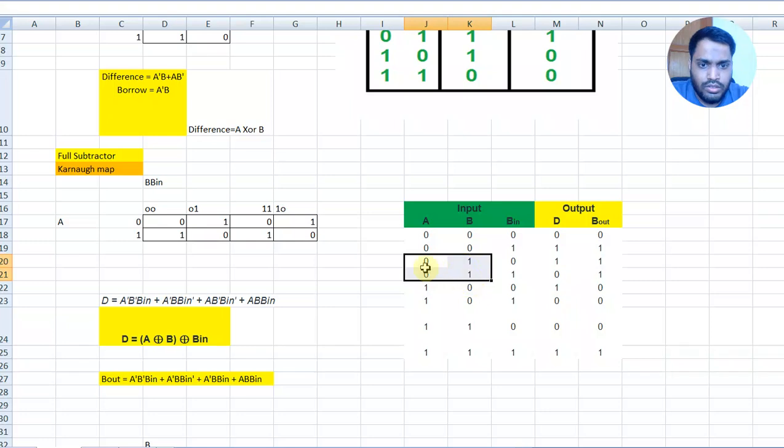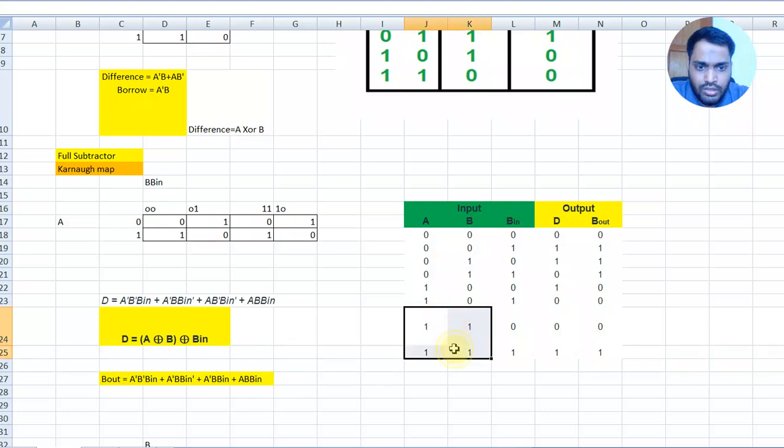In these two cases, a is smaller than b, so it is guaranteed that b out will be 1. In these two cases, a is greater than b at least, so irrespective of the borrow in, borrow out is 0 because a is greater than b.